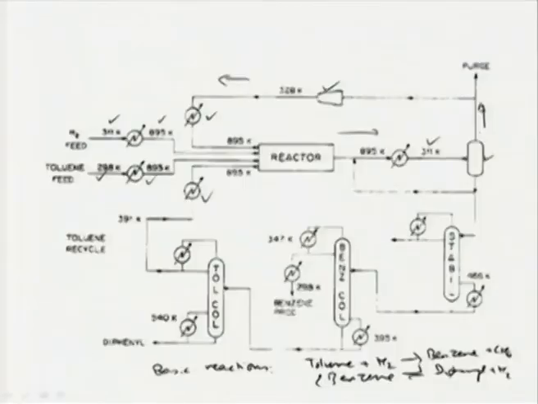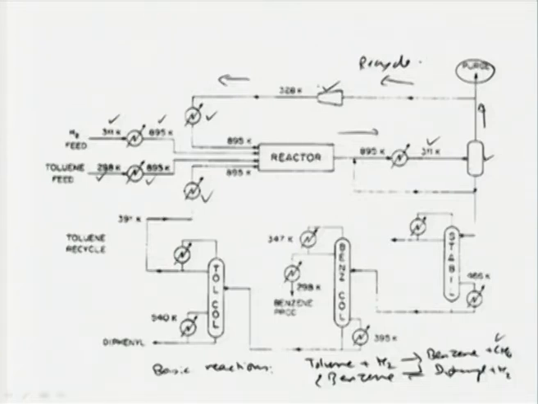So, the amount of diphenyl in the purged gas is negligible, practically 0 can be taken, and then this gas is split into parts. Some part is purged to keep the level of methane, that is an inert byproduct, to a particular level, and the remaining is recycled after compression and heating.